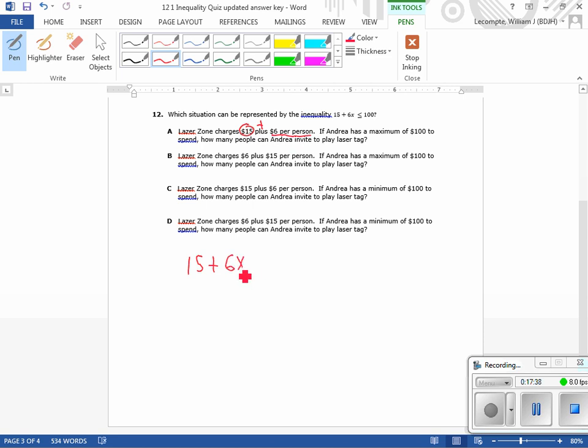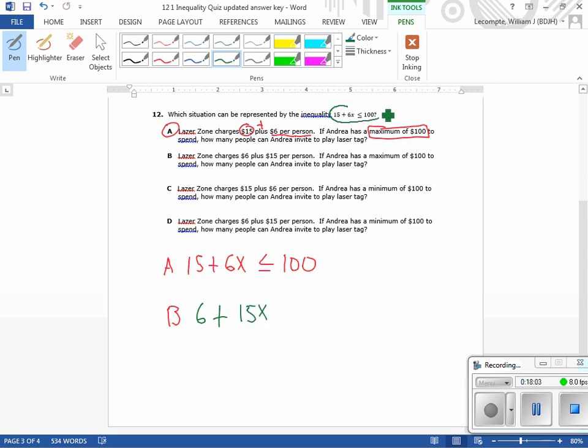So she can't go over $100. Well, lo and behold, that is the answer so far. Let's see what B does. We got 6 plus 15 per person. Well, that doesn't match up with our inequality here, so that can't be the correct answer.